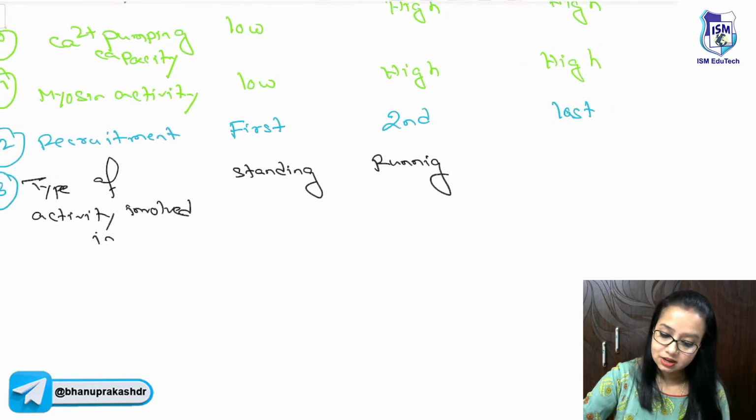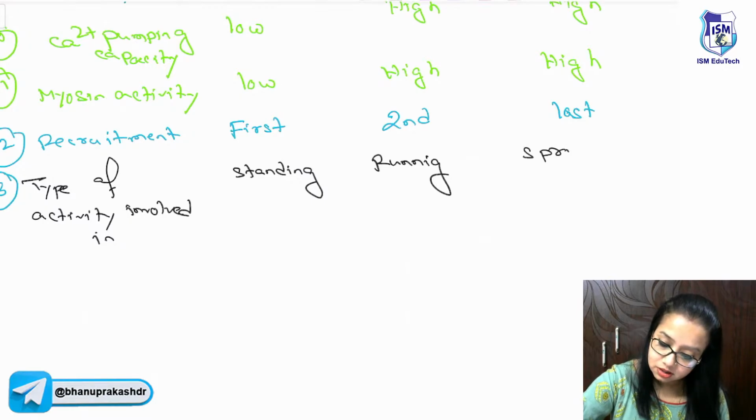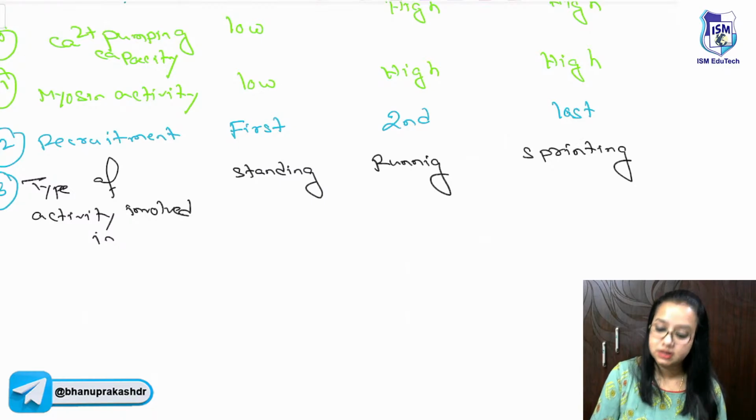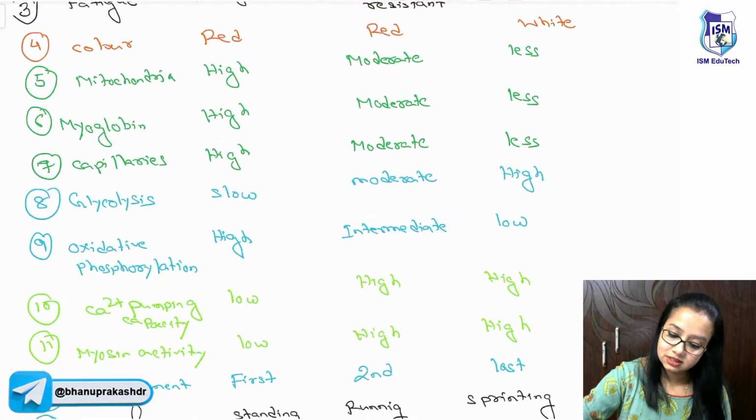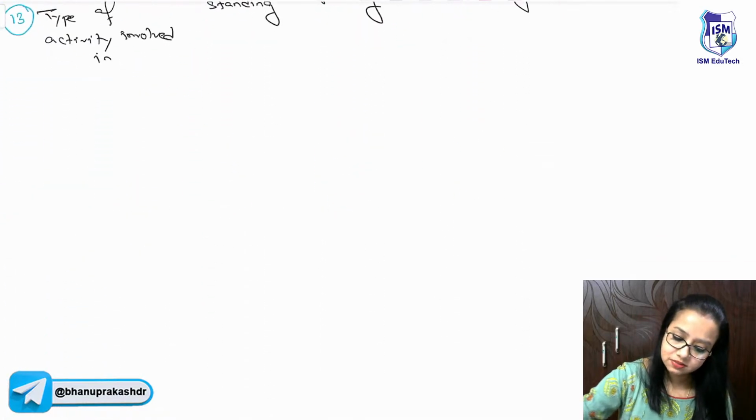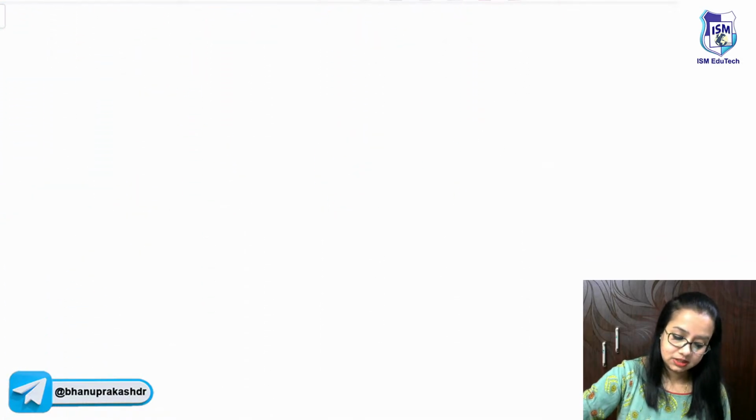And type 2B is for heavy exercise, like sprinting. Okay, these are the type of activity they are involved in. So, depending on the characteristic, these are the classification of the muscle fiber.